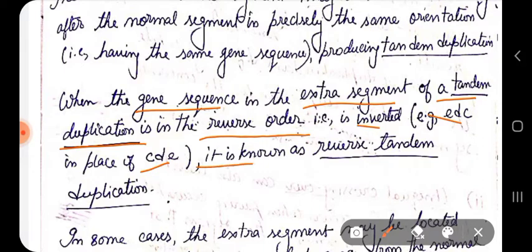That type of duplication is called reverse tandem duplication. So it simply means that instead of having CDE there will be EDC, reverse order.